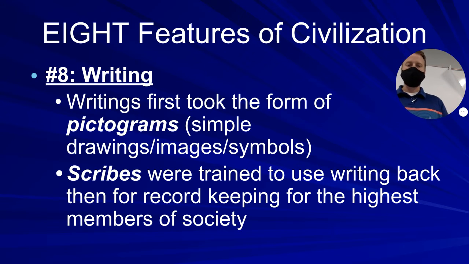Scribes were trained, so this is bringing in that job specialization, scribes being trained to use writing back then to record and keep the histories of members of society. And actually, one of the first things that drove writing and mathematics was the economic system, being able to keep record of sales and trades and things like that. But writing would be the way in which a society could build upon each other.